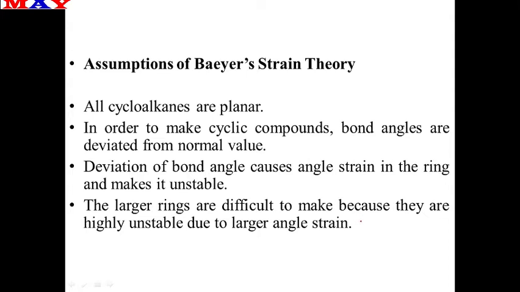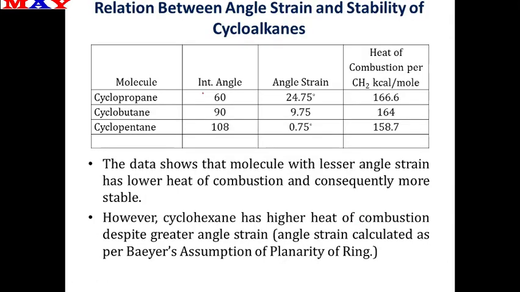In order to validate this Baeyer strain theory, we do have some data to support these assumptions. That data is in the form of relation between angle strain and stability of cycloalkanes. Here is the list of molecules: cyclopropane, cyclobutane, cyclopentane.